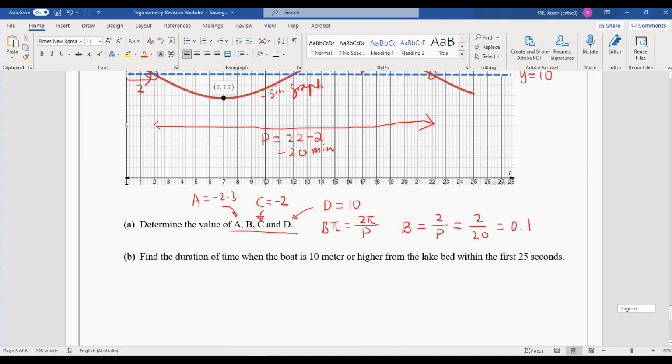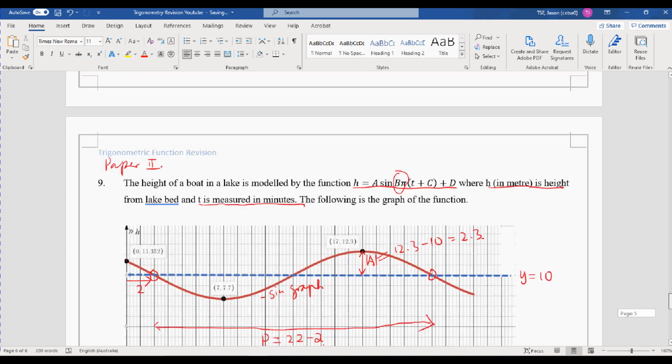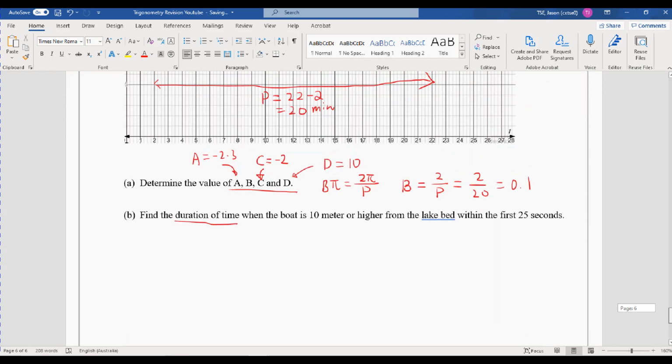Good. And part B: find the duration of time when the boat is 10 meters or higher from the lake bed within the first 25 seconds. Within the first 25 seconds, from 0 to 25, you need to be higher than 10 meters.